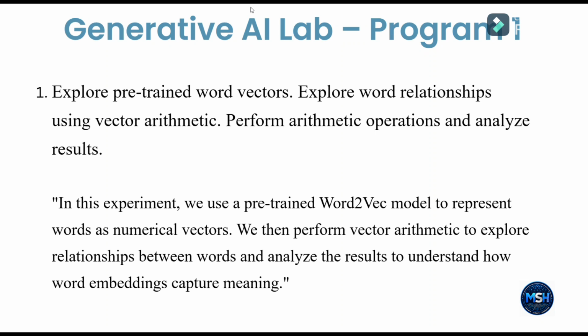Vector arithmetic means we perform mathematical operations on these vectors. So we can explore different relationships between the words. For example, we can take king minus man plus woman equals what? Queen, because we can extract the male character. The king is the male.